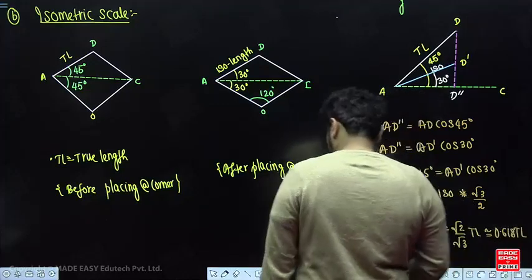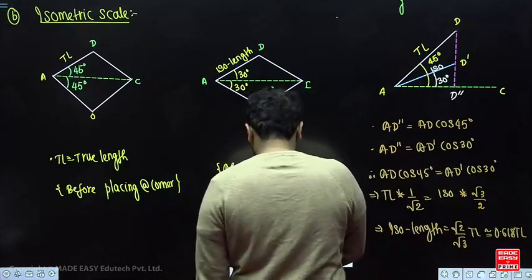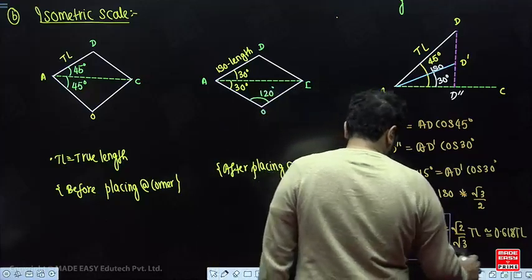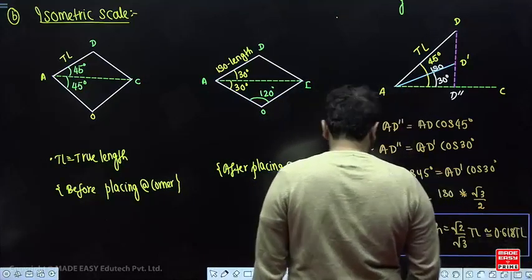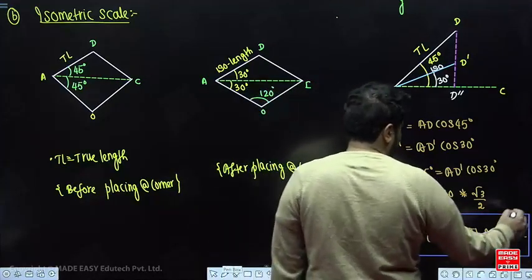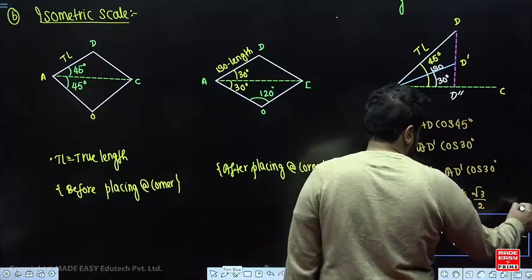It means, what does it mean? It means that when you are going to topple at 30 degree, the actual length changes by a factor of √2 by √3, है ना?